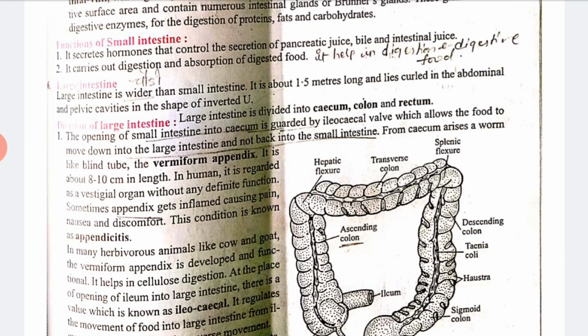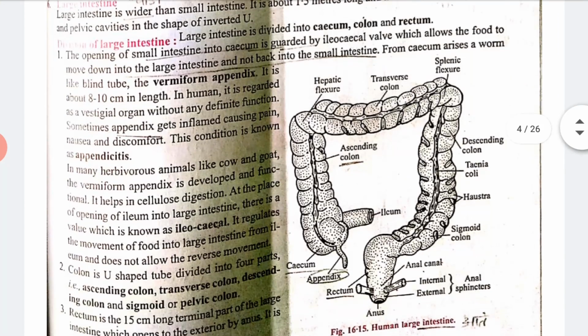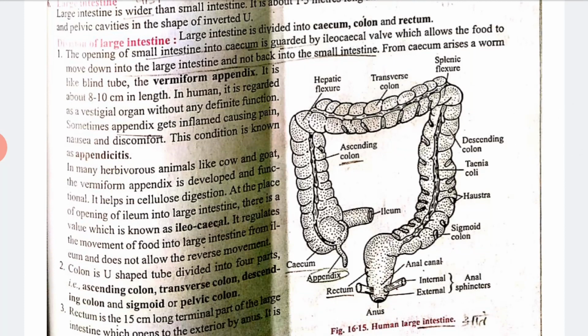The large intestine is divided into many parts. See in this picture: first is the caecum, next is the colon, and last is the rectum. All three names are given in this structure.